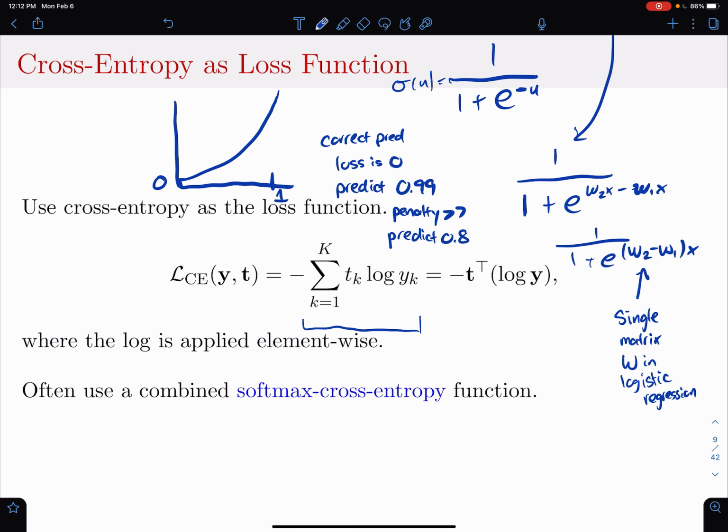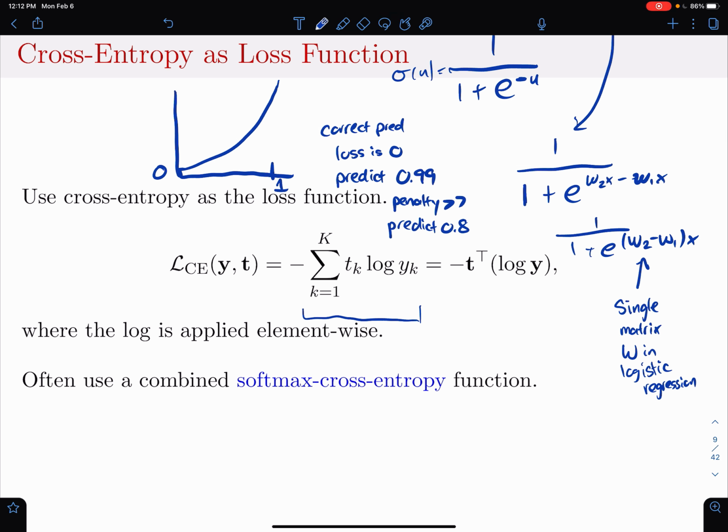So the loss function before, by using the log, is penalizing how far wrong we are in accordance with the confidence of the current model. And this is just generalizing what we had before to this multi-class case. So for whatever the ground truth label is, we apply this log loss function and then just sum up our losses.